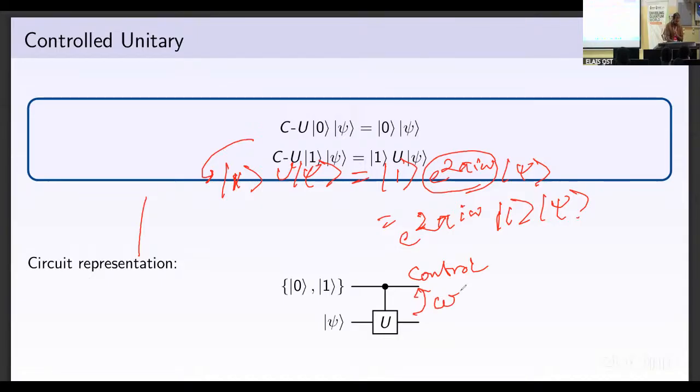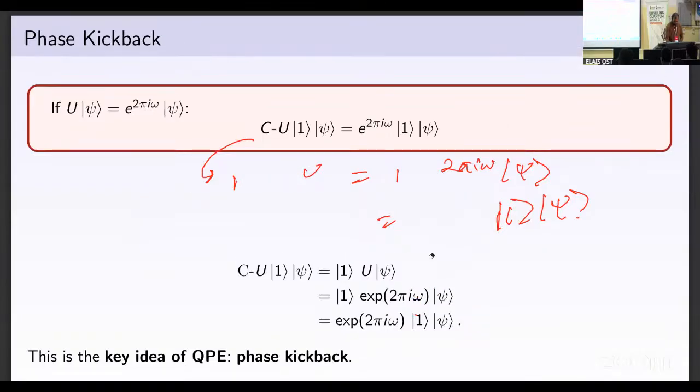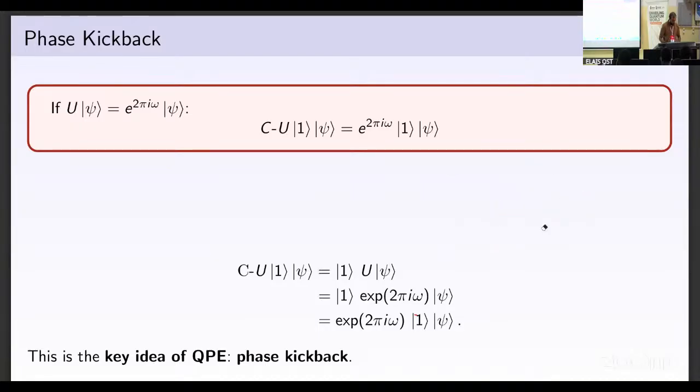So the phase is kicked up to the control qubit from the target qubit. And this is an essential part of the quantum phase estimation algorithm.